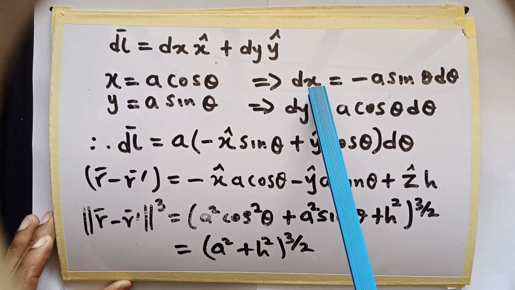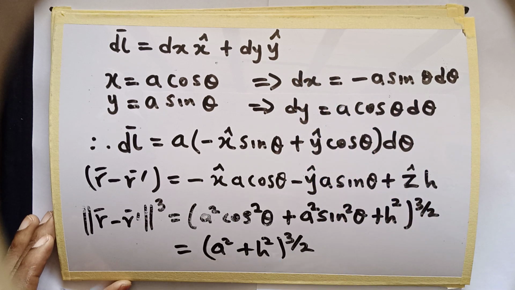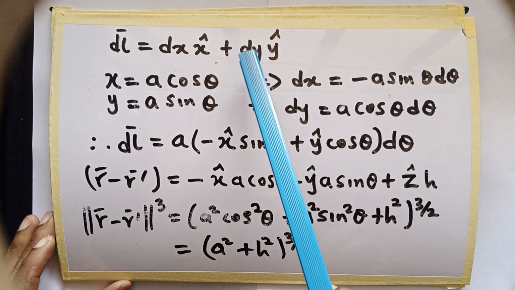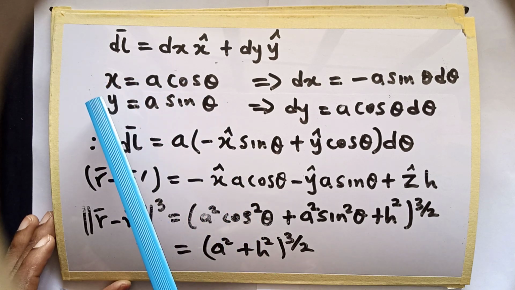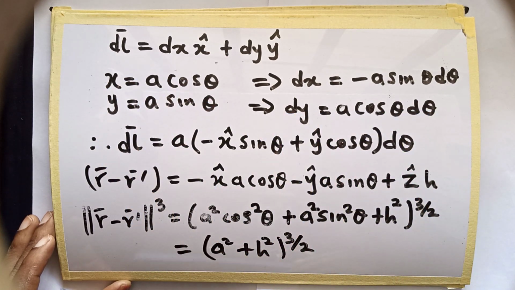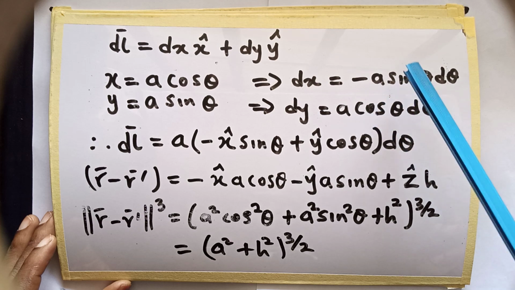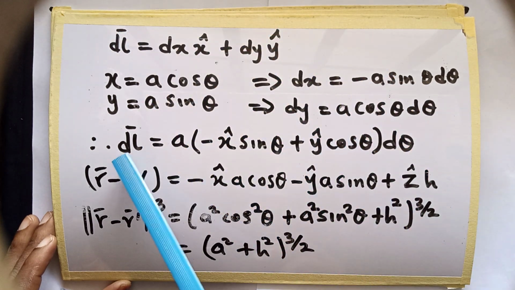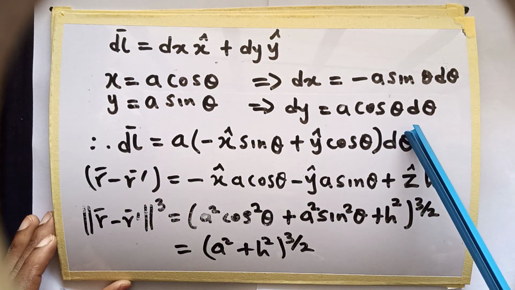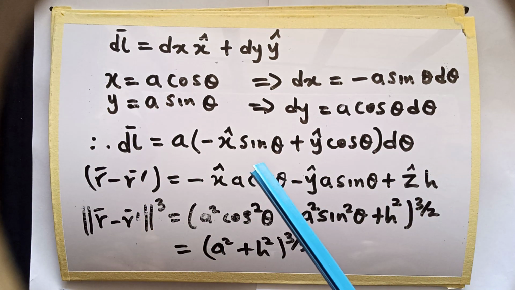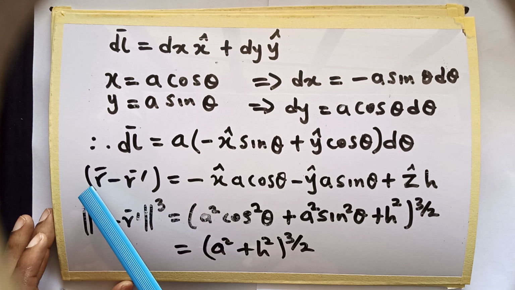So the change of x with respect to theta is given by this expression. Likewise, because of this dy, we need to change this one with respect to theta, and it gives us this. So if we substitute this and this into this expression, we have dl equal to this expression. Now that we have this expression, we move to the next expression, which is this vector position.